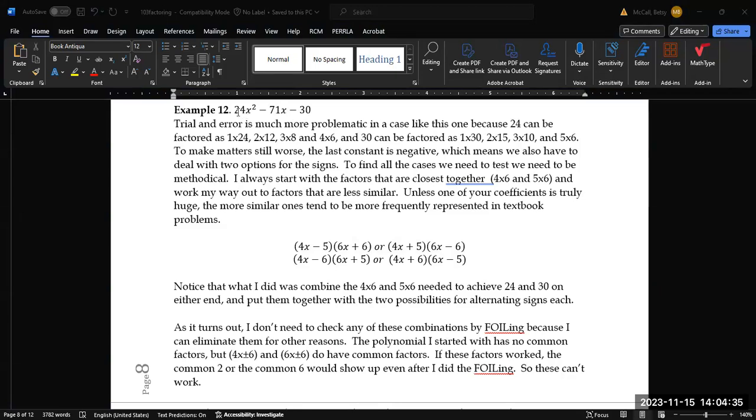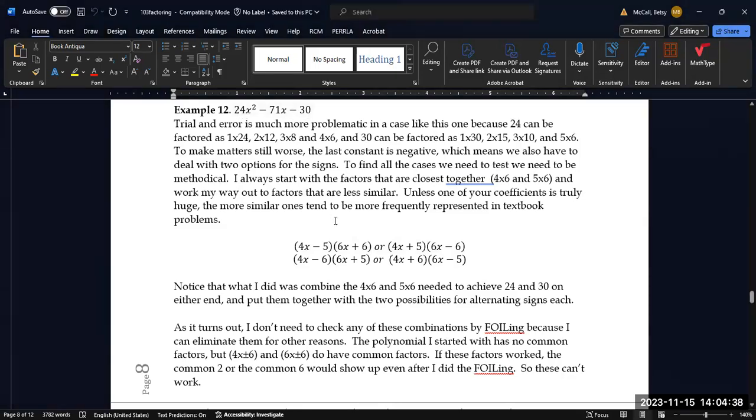And there is no common 6 in the original problem that would have reduced the work we were doing. So we can eliminate both of these options. And we can actually say the same thing for the second choice of options. 4 and 6 have a common factor of 2, but our resulting polynomial doesn't have a common factor of 2, and that would have to be true if this was an appropriate factor combination.